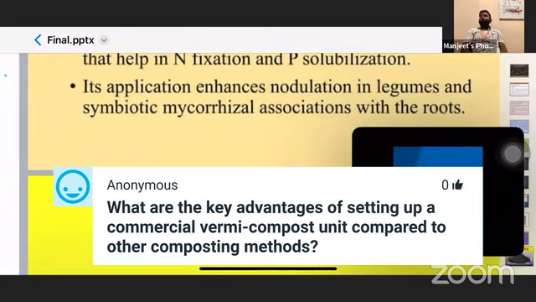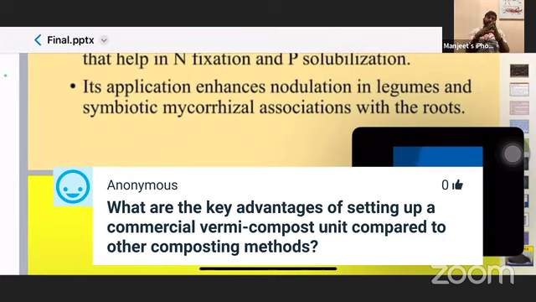Key advantages are mainly financial. In vermicompost, if we go for the pit open shed method, the initial cost is very low, but the conversion rate is very high compared to other composting methods like the pit method and the heap method covered with polythene sheet.